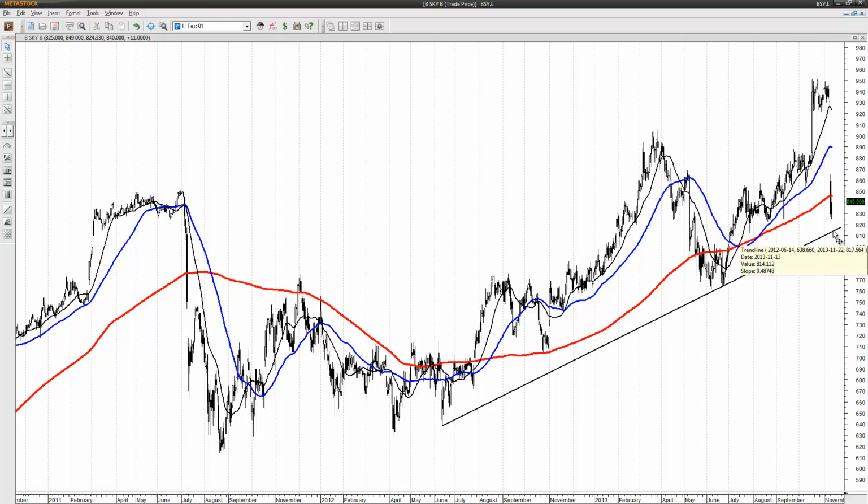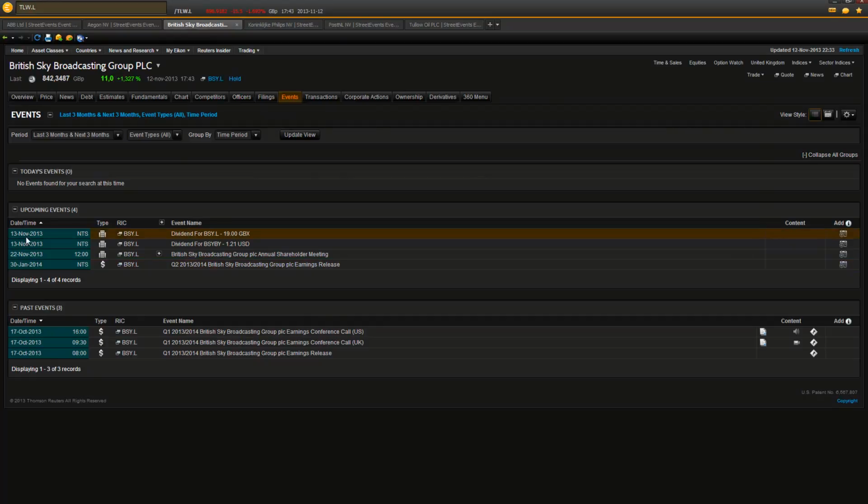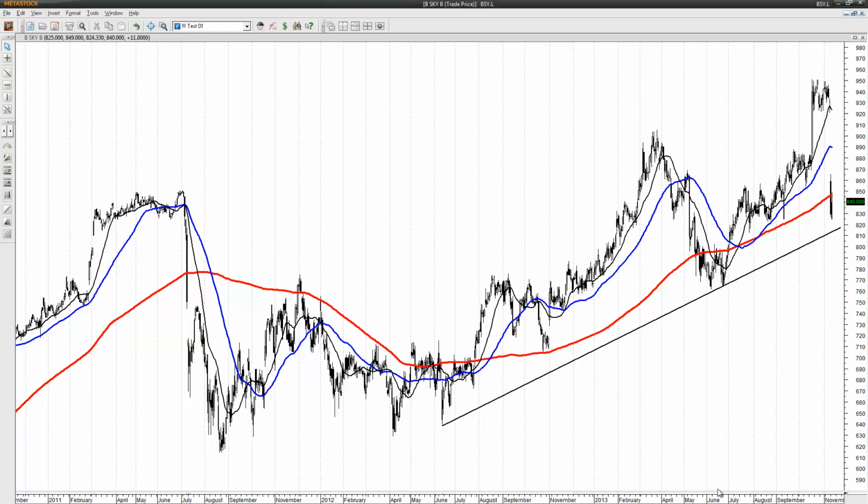And before my video I exactly calculated this and I came up with 814 as my level. That's why I put in a buy order, limit buy. Check for earnings. No earnings in the near future.